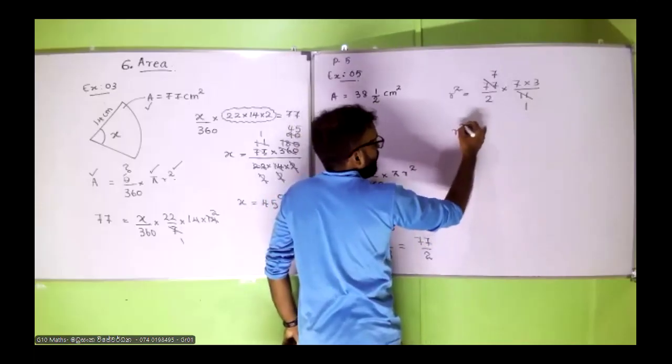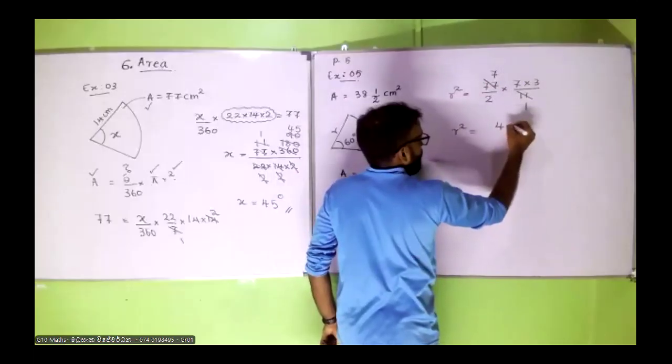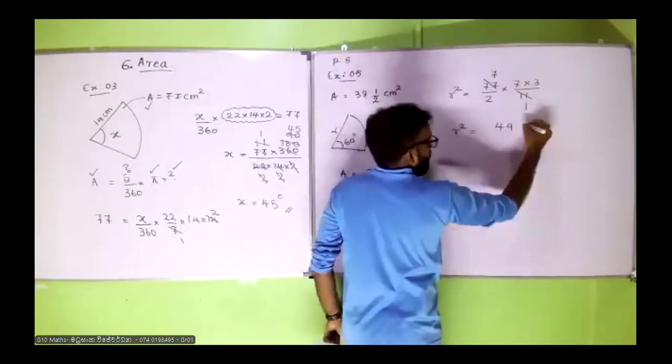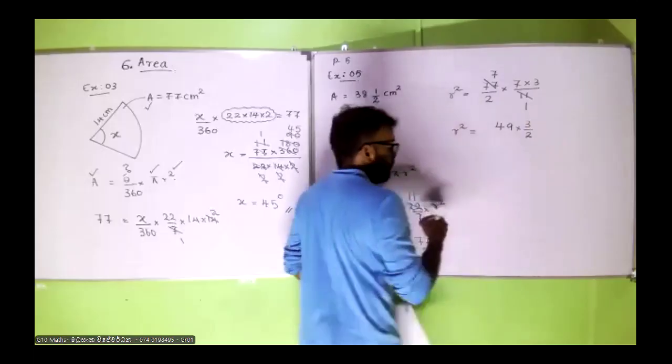So now you have r squared equals 7 into 7, 49, times 3 divided by 2.